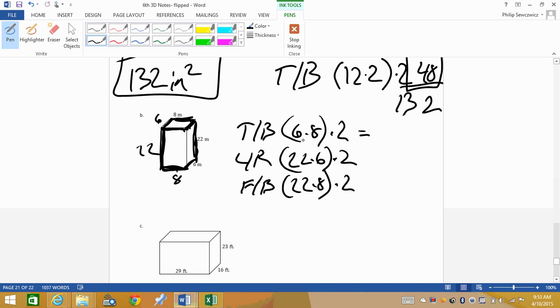So 6 times 8 is 48. 48 times 2, yeah, that's 96. And then 22 times 6, yeah, 132. Oh, but times it by 2. All right, so 132 times 2 is 260. Yeah, 264.